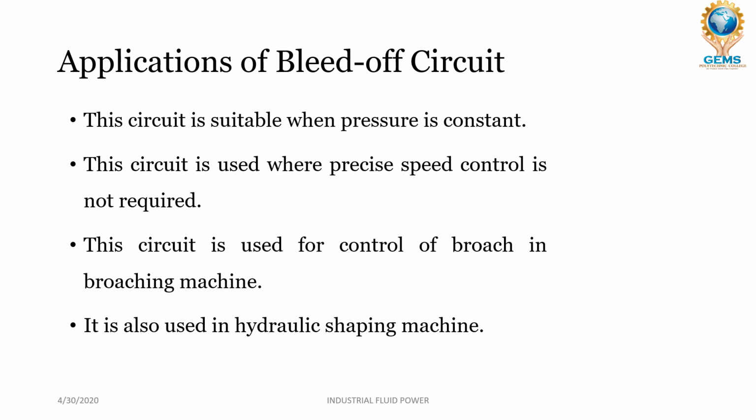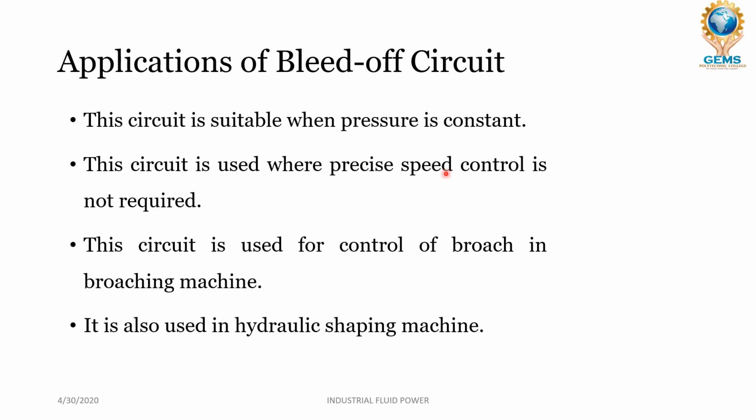Applications of bleed off circuit. This circuit is suitable when pressure is constant. Wherever we need a constant pressure application, in those places this bleed off circuit is suitable. Then this circuit is used where precise speed control is not required.